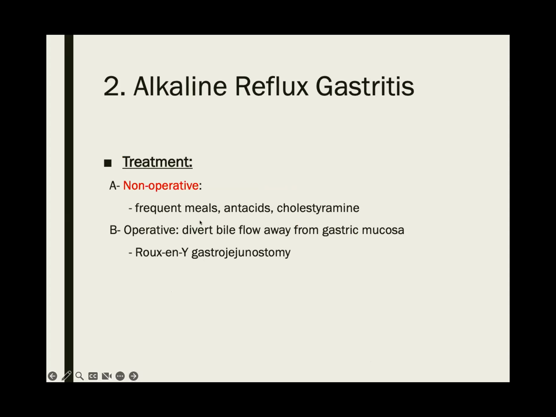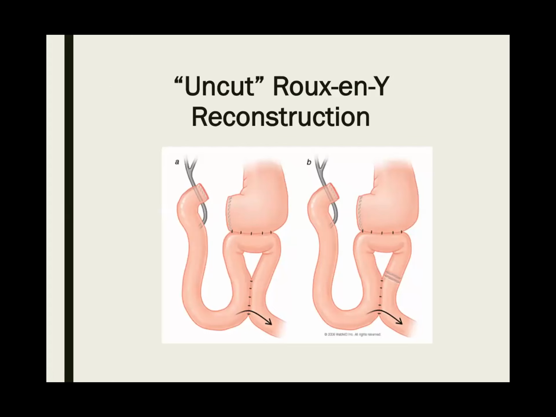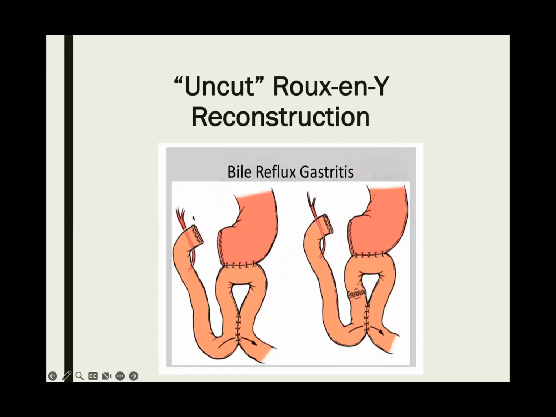So the non-operative would be more frequent meals, antacids, and cholestyramine in order to reduce the alkalinity. Also, why are we using antacids? In order to protect the mucosa from ulcerations from the acid. The operative, as you can see, is that we will convert the Billroth into Roux-en-Y. So this is how to convert, but of course, this is not important for you.